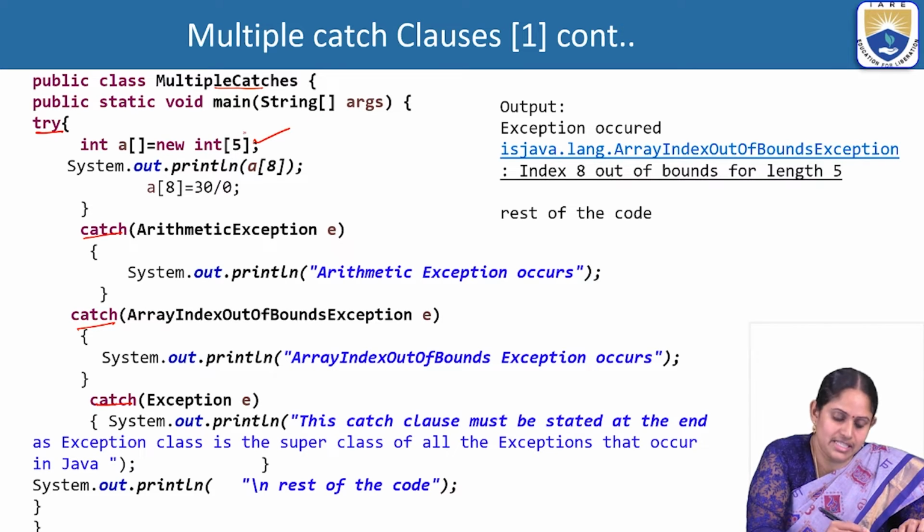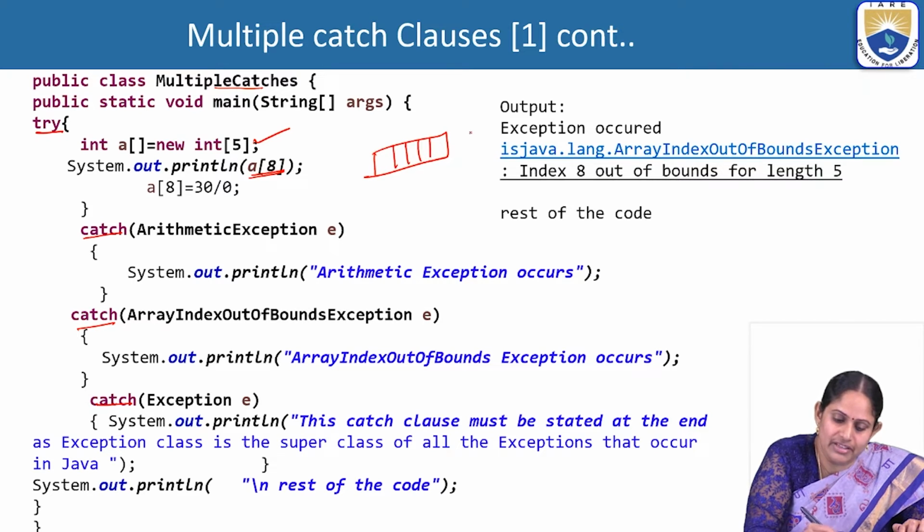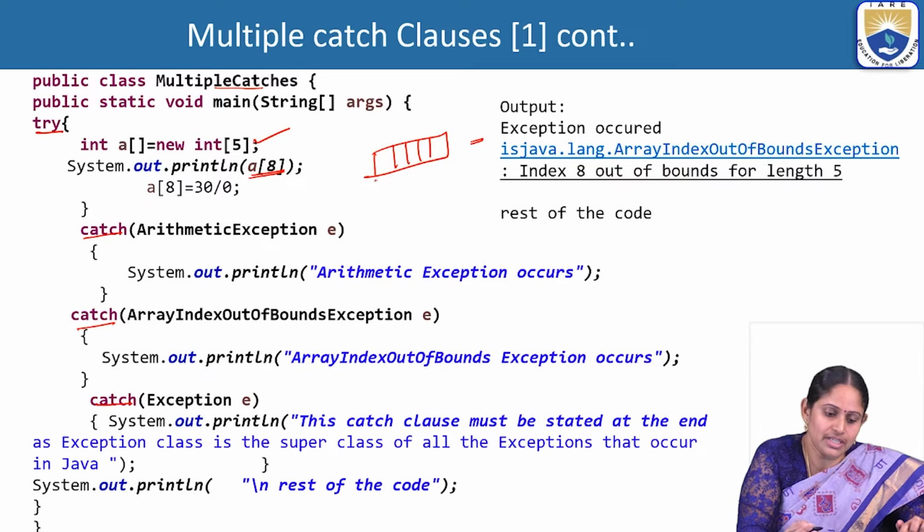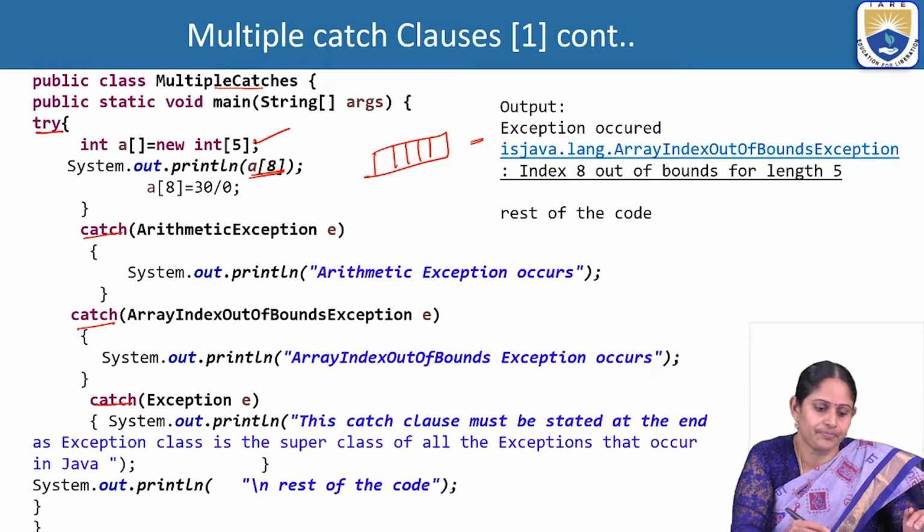Now we are trying to access the 8th element of the array. We have only 5 elements and we are trying to access the 8th element, that means it is accessing an element which is out of the index, right?